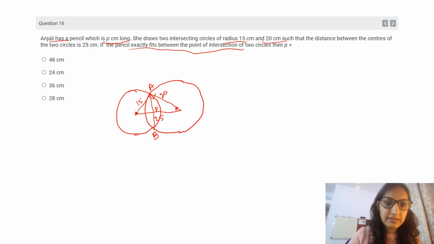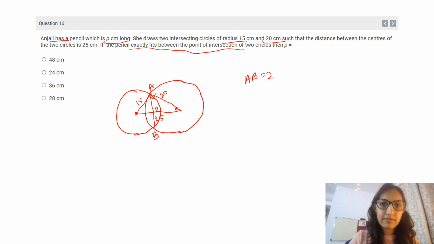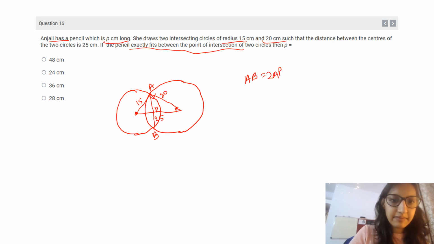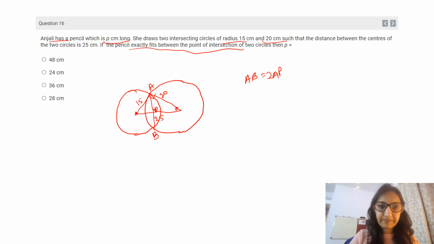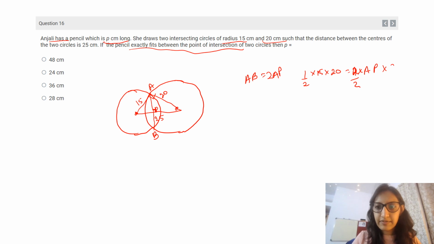Okay, and if this is the P, AB will be twice of AP. You know this, right? This is the perpendicular. Now what we can do here is compare the area of the triangle. This will give you half into AP into 25.